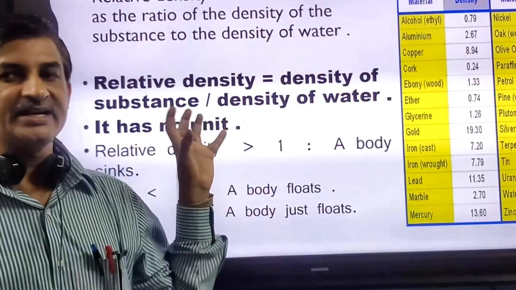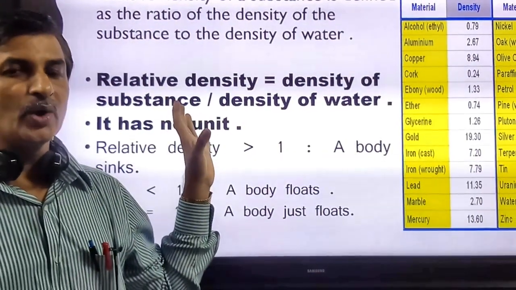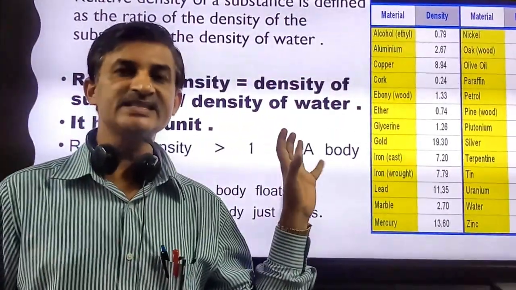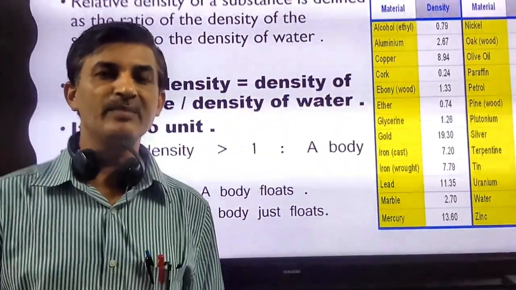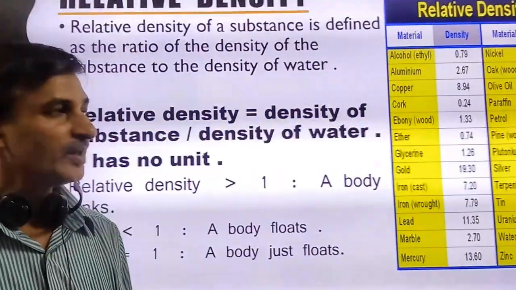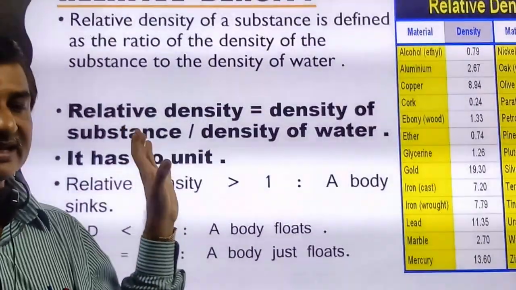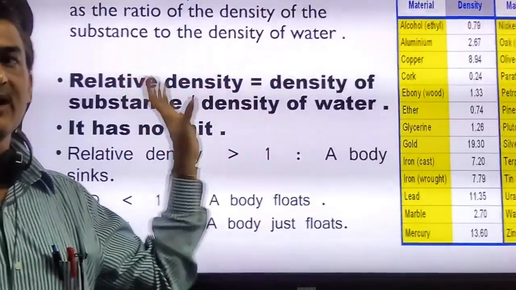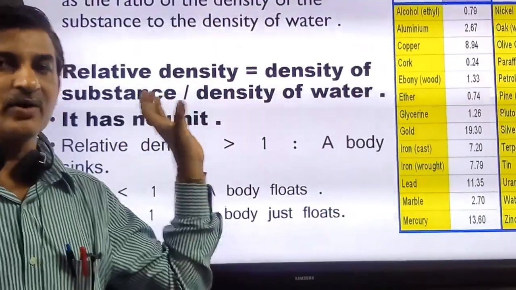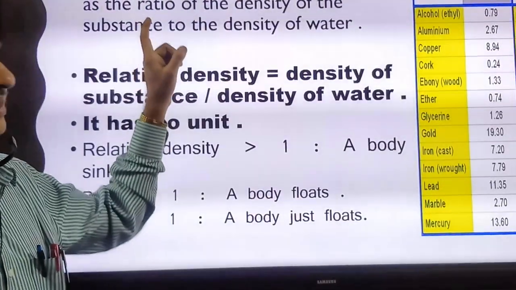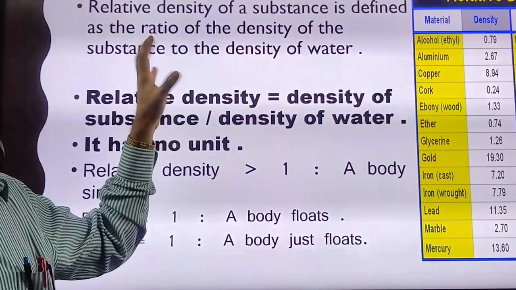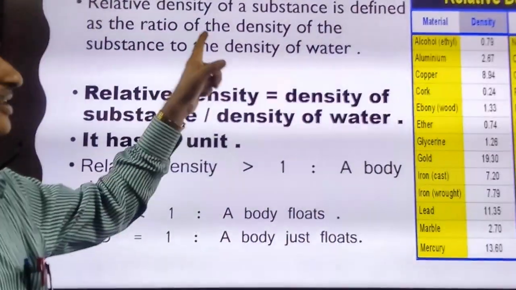If it is pure water, with no impurity, then its density is always 1000 kilogram per meter cube or 1 gram per centimeter cube. The density of any substance is almost invariant, constant. That's why we can take the relation between the density of other substances along with the density of water.